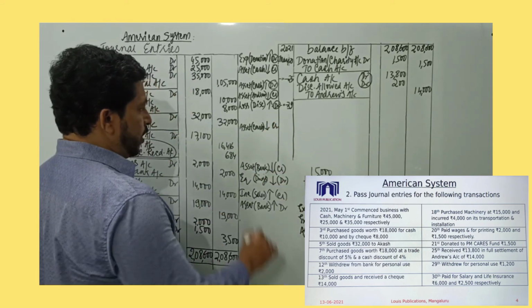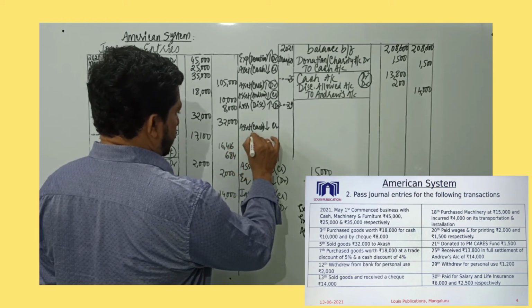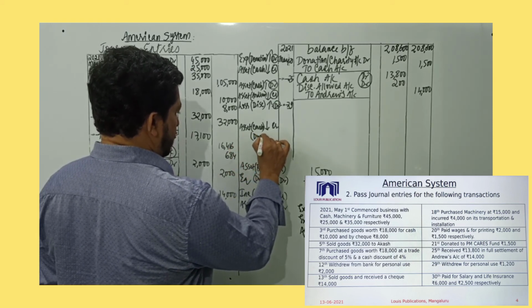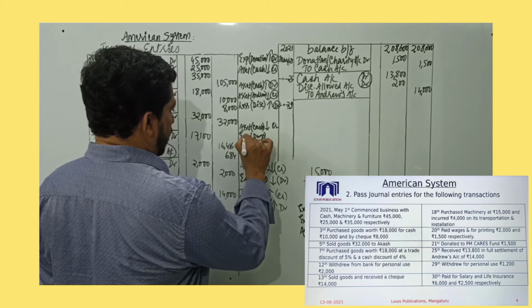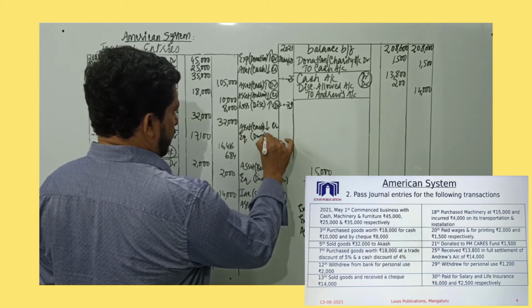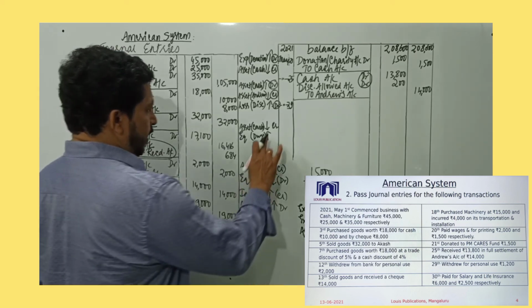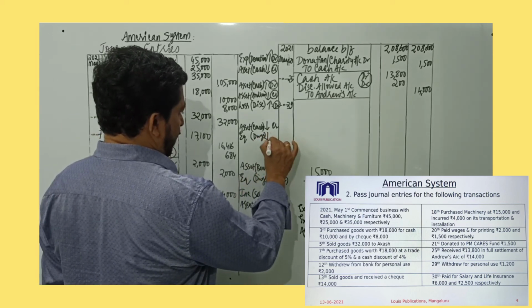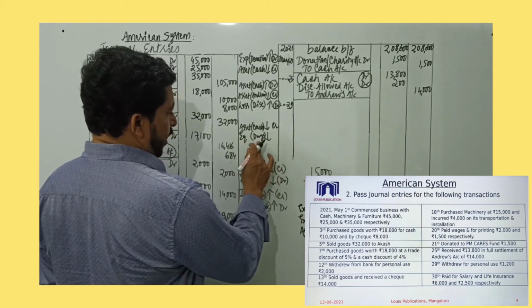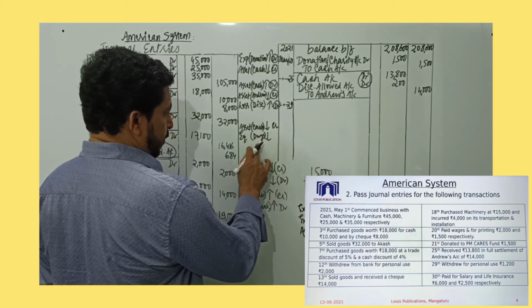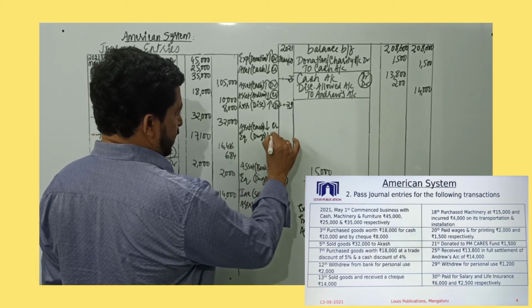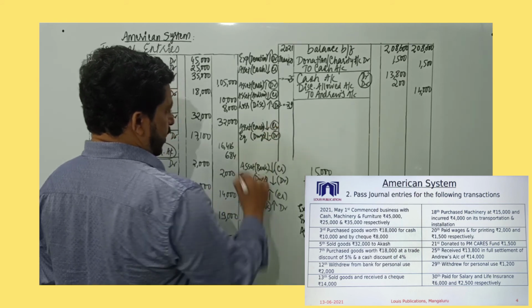Then we have for personal use. Personal use means the account name is drawings, and that becomes a part of equity. When you are withdrawing, capital value, equity value will decrease, because drawings will reduce the equity, reduce the capital. Capital value decreases means it's a debit.